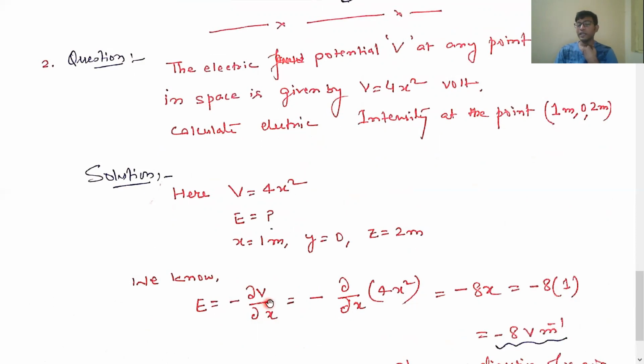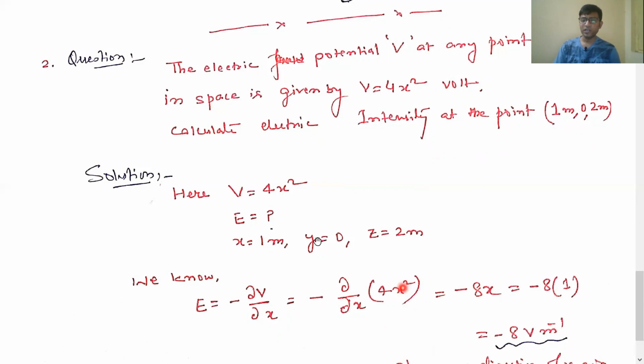Actually it is not dV by dr; it is better known as the partial derivative, delVby delr. Here only the variable part is x, not y, not z. So y and z will be treated as constants, and on differentiation they become 0. So we are only concerned with the value x is equal to 1.